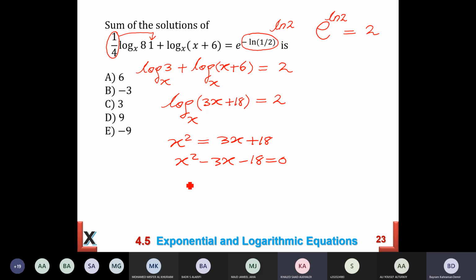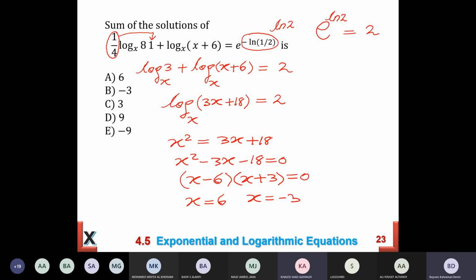And we solve it as a quadratic equation. We have x minus 6, x plus 3, Shabab? Yes. So we have one option is 6, another option is negative 3.